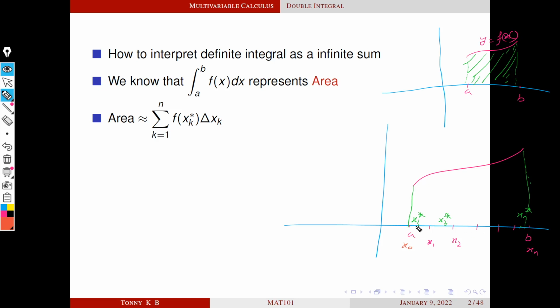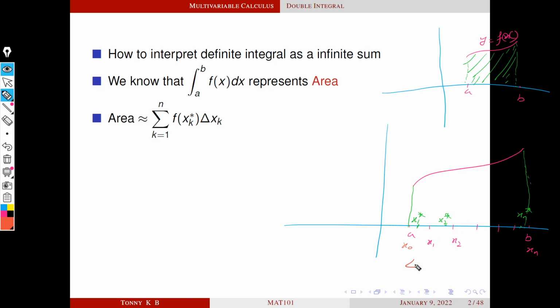So first we subdivide this interval by choosing x0 as a, x1, x2, etc., xn is b. Next we approximate this area. Suppose you consider a point x1 star. What is x1 star? x1 star is an arbitrary point from the first interval. x2 star is some arbitrary point from the second interval, like that.